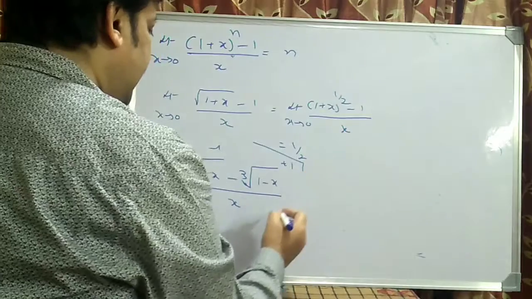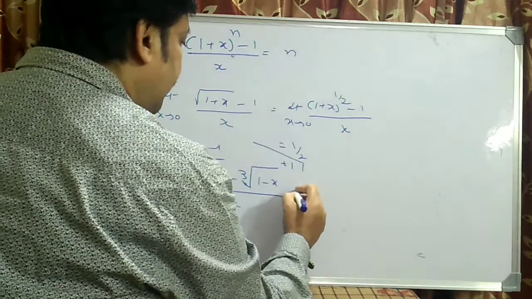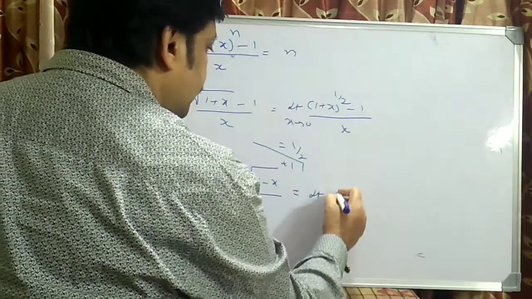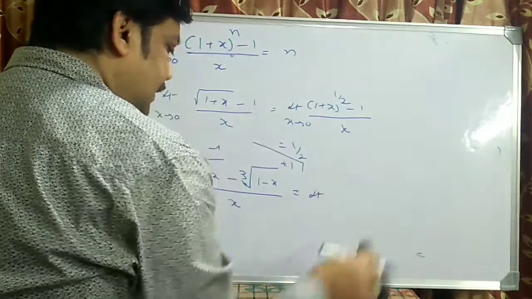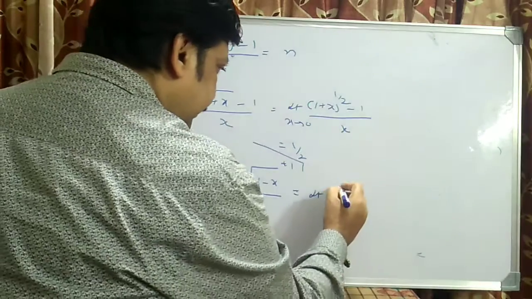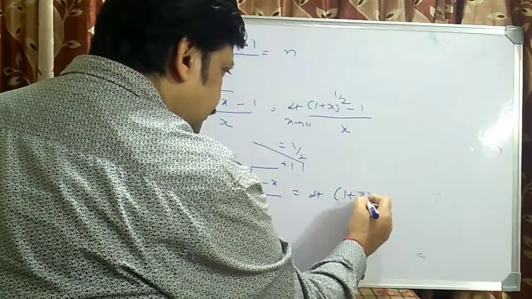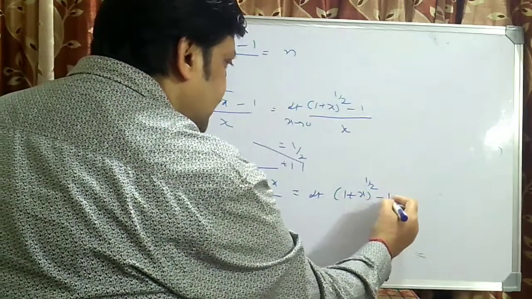So that you can understand, here the limit becomes square root of, or let me write this as, (1 plus x) whole to the power 1 by 2 minus 1.